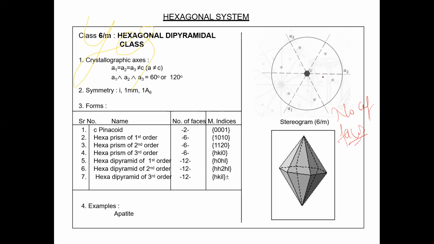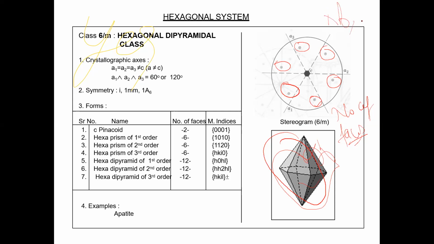There are 12 faces. How 12 faces? 2 faces is here. 2 faces is there. 4, 6, 8, 10, and then 12. And the diagram looks something like 6 upper side, 6 lower side. But you will not be having a diagram. You'll be having a motif. From the motif, you might have to calculate. Number of mirror plane here in this.